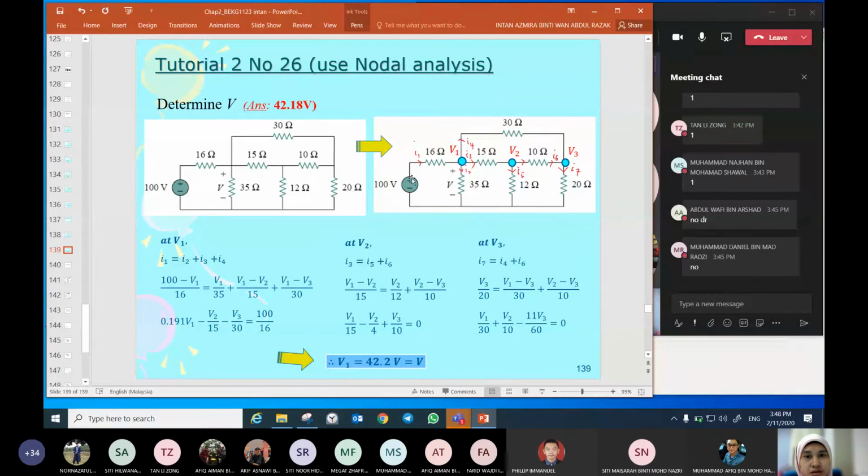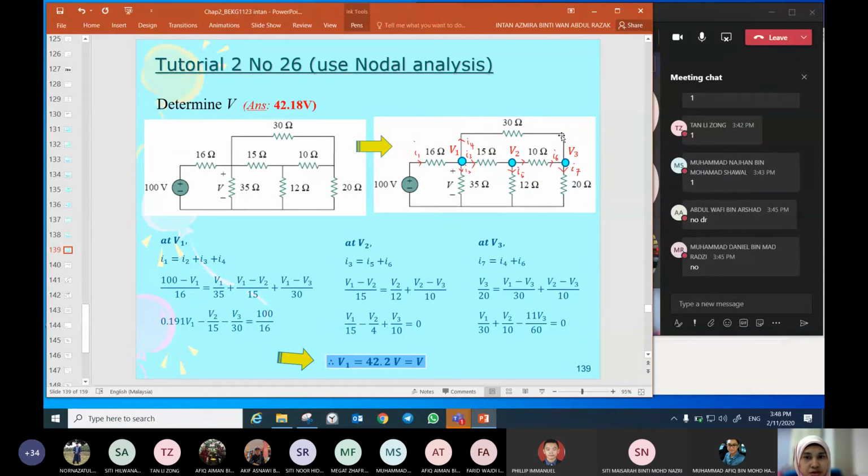So at V1, I1 is equal to I2 plus I3 plus I4. I1 is equal to 100 minus V1 divided by 16. I2 is equal to V1 over 35. I3 is V1 minus V2 over 15.